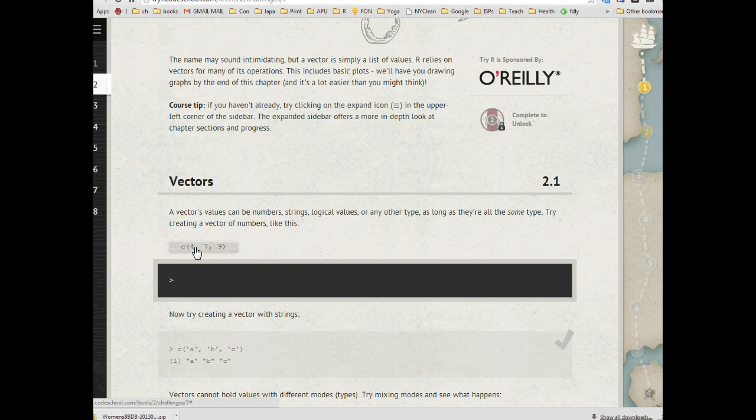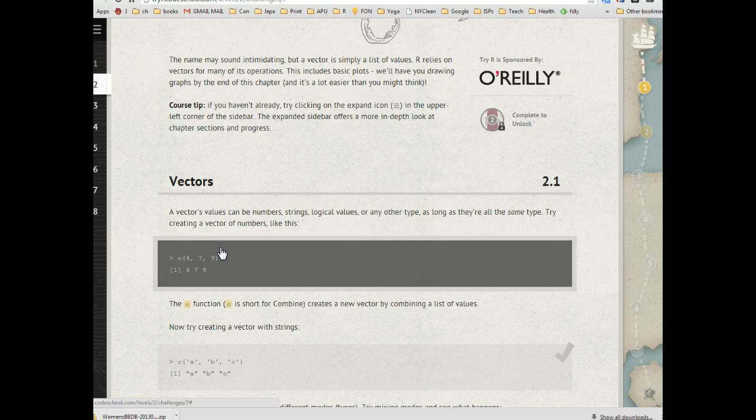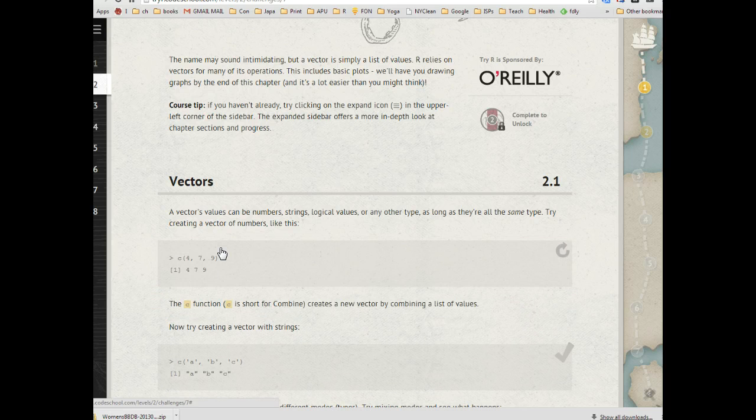So this is how you generate a vector in general. You use this C function, and C stands for combine. So you want to combine 4, 7, and 9, so you just do that, and hit enter, and you get a vector like that, 4, 7, and 9. Okay, which is obviously more flexible than the other way. It's called combine, or it's also called concatenate.